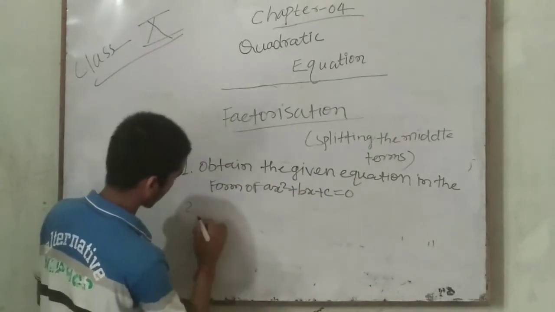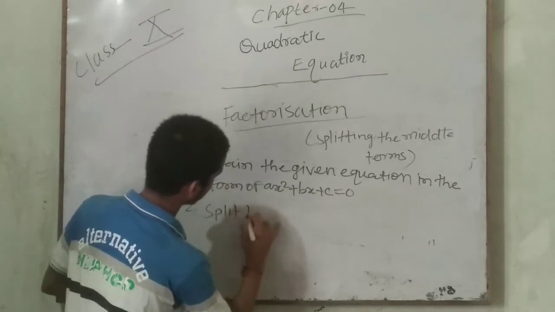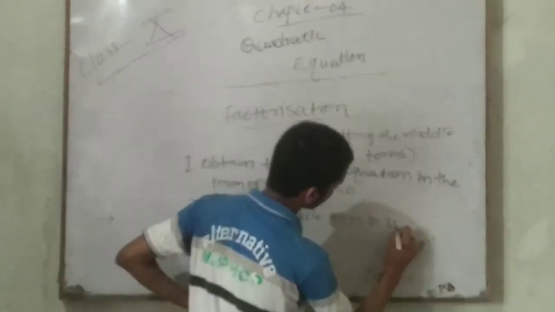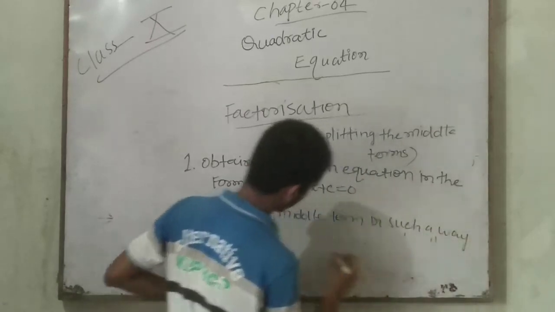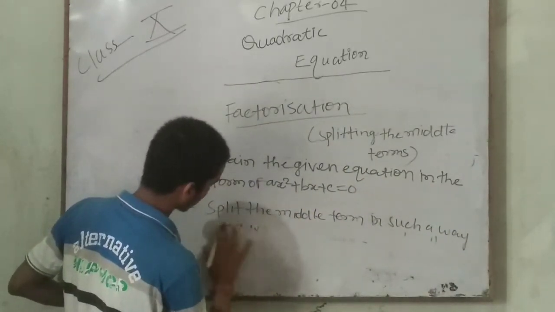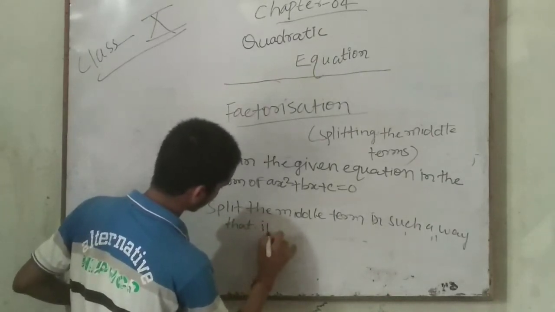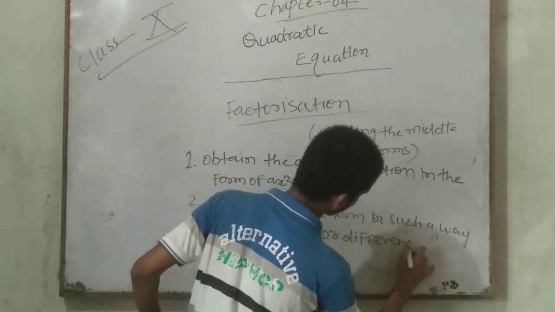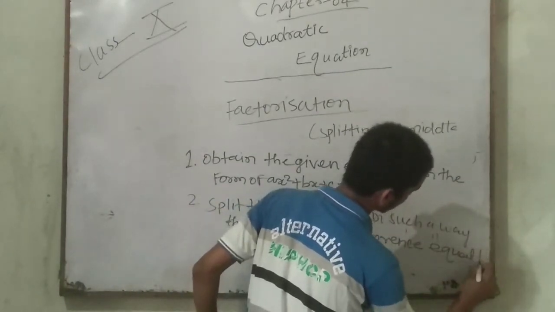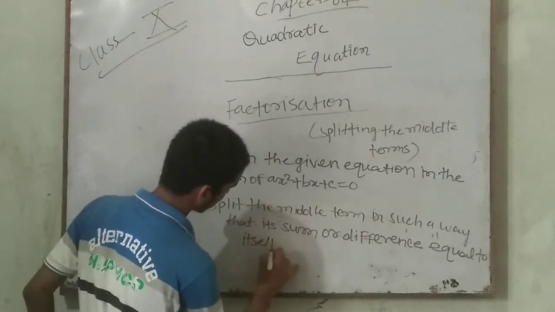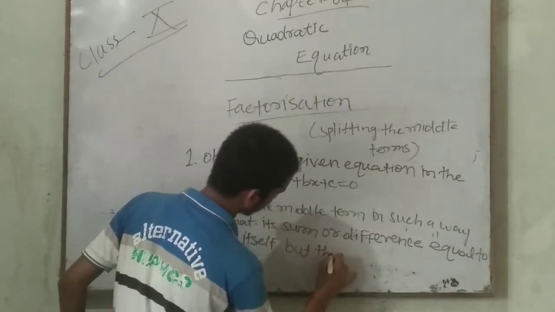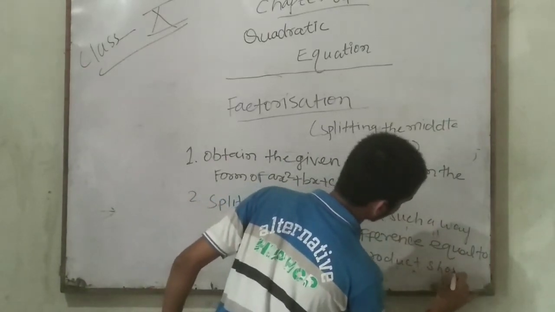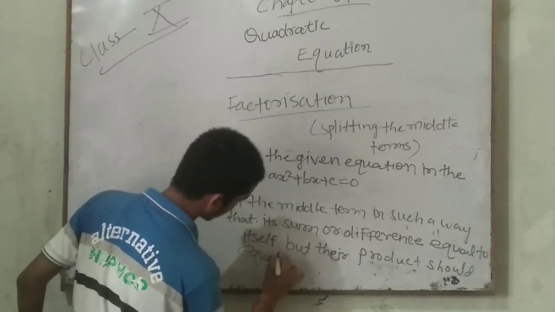Second thing we do: split the middle term in such a way that its sum or difference equals the term itself, but the product should equal AC.